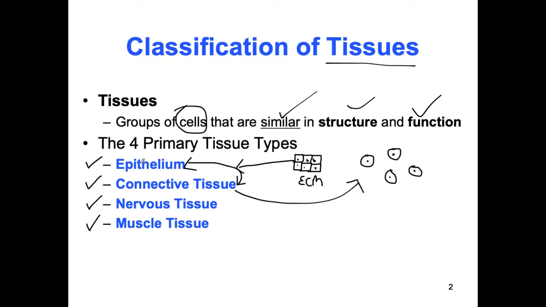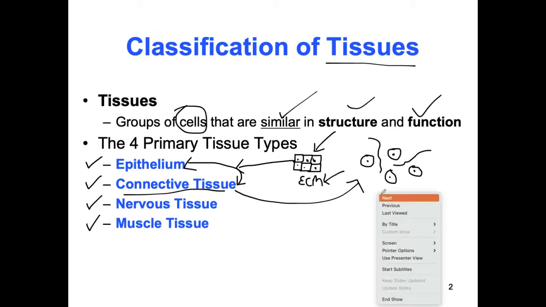Epithelium and connective tissue. If we look at epithelium, I drew a bunch of cells closely packed together: six cells with nuclei in each one. There's hardly any spacing between these cells, and that's because there's very little extracellular matrix, ECM. In contrast, in connective tissue I drew four cells a little farther apart, and there's more space between them.